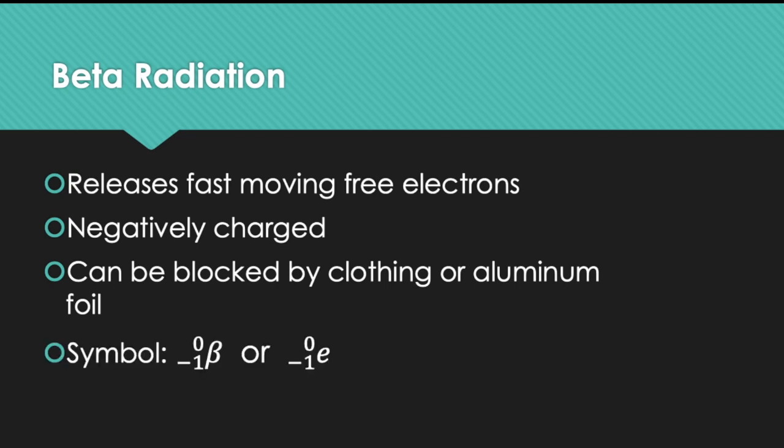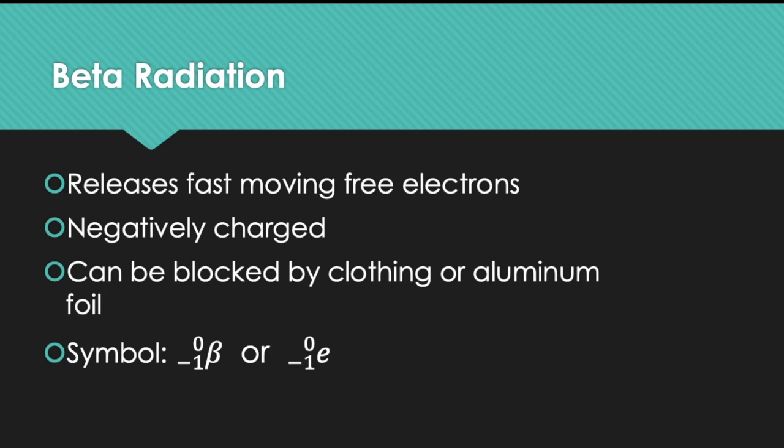The symbol for beta radiation is the Greek letter beta with a mass number of 0 and an atomic number of -1, or the same mass number and atomic number with an e. The mass number of 0 represents the fact that an electron's mass is so incredibly small when compared to that of a proton that it's essentially 0 mass.